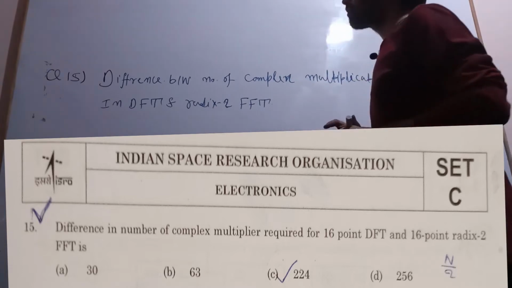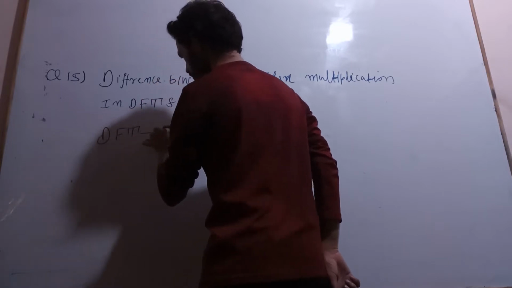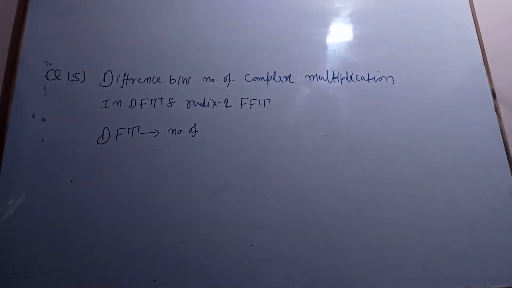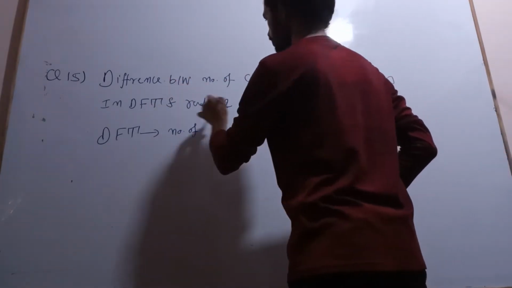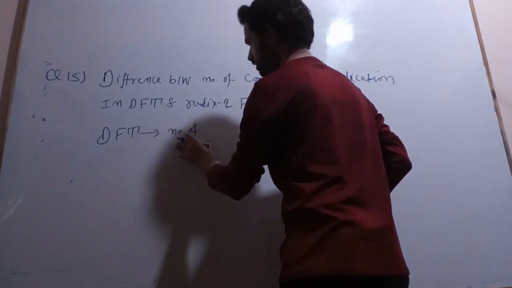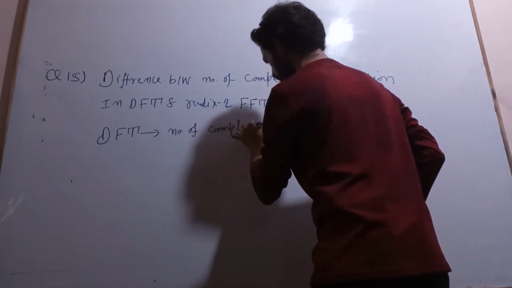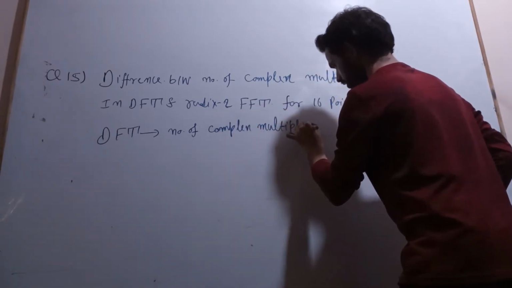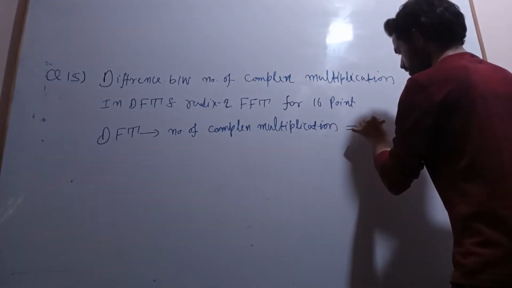See, the number of complex multiplications in case of DFT, given 16-point DFT. For DFT, the number of complex multiplications is equal to n square.